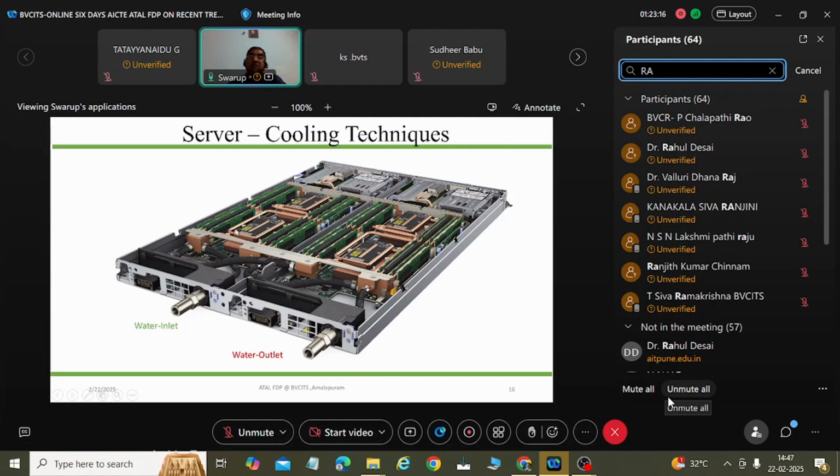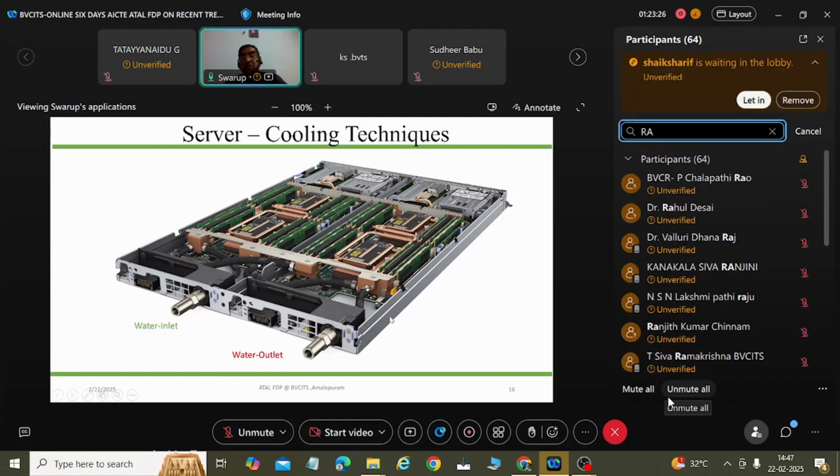You have a water inlet and a water outlet, and these are connected to the backend chiller, which ensures the water inlet temperature is maintained, even if there is a variation in the outlet. That is how things are designed.